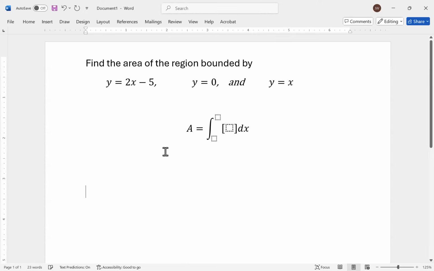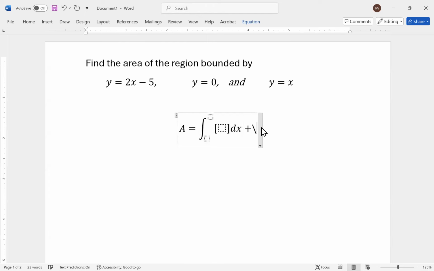I can also find all of those points of intersection algebraically if I'd like. I'm not going to do that. But my total area now, we can see, is going to be a set of two areas.